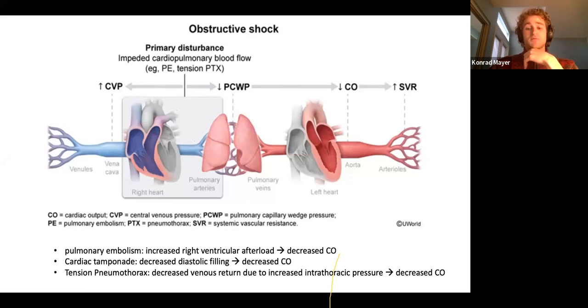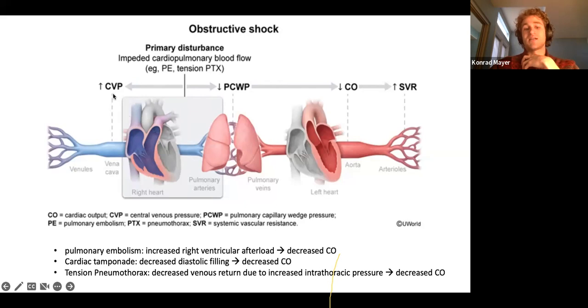That's why it's called obstructive shock. So if there's an obstruction in the pulmonary arteries, right here, the blood is collecting before this obstruction because it can't pass the obstruction, which means central venous pressure will go up.